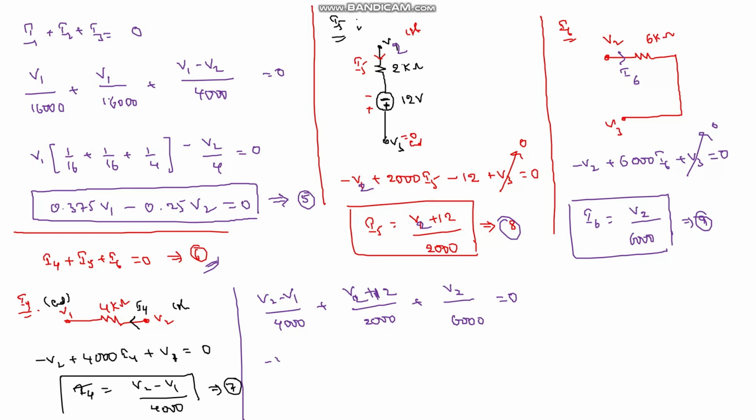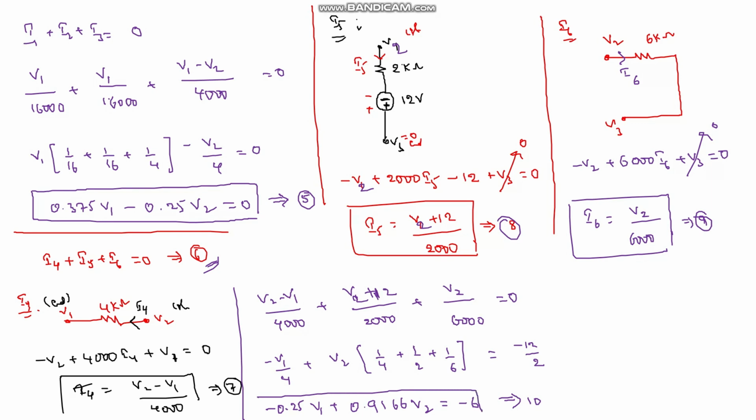After simplifying, minus V1 by 4 plus V2 into (1 by 4 plus 1 by 2 plus 1 by 6) equals minus 12 by 2. So this is nothing but minus 0.25 V1 plus 0.9166 V2 equals minus 6. Let this be equation number 10.